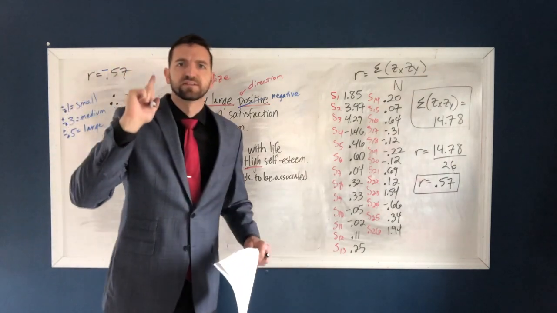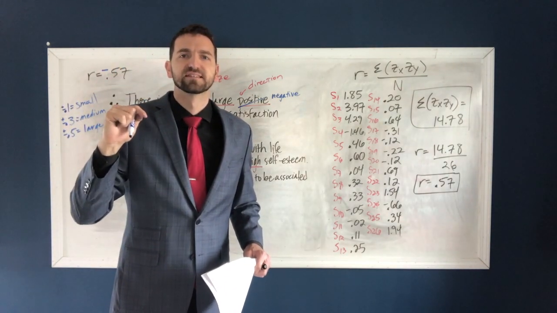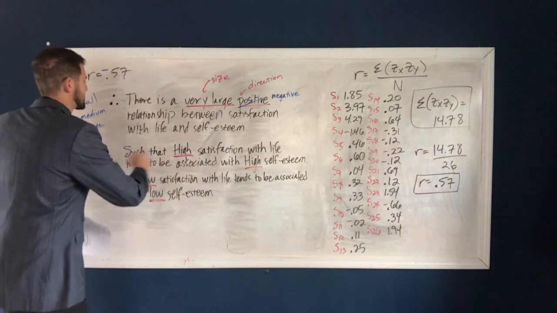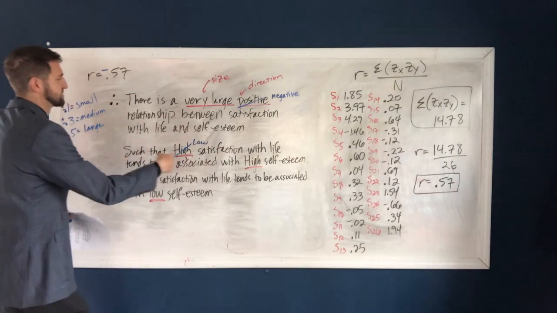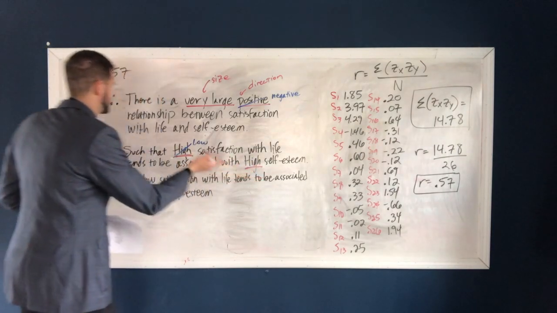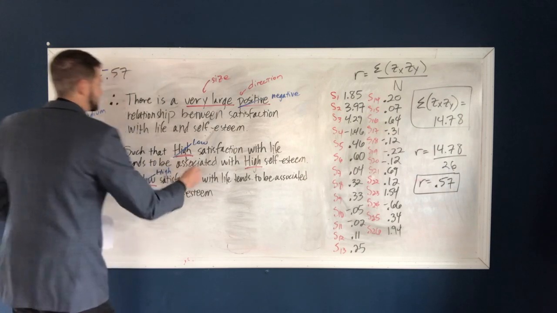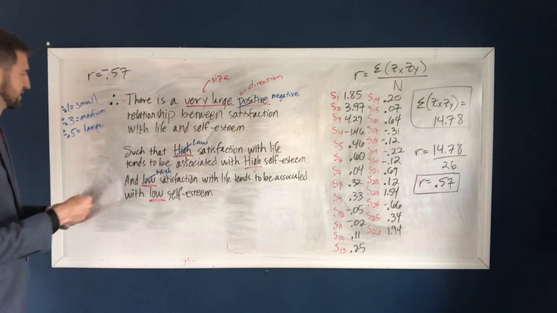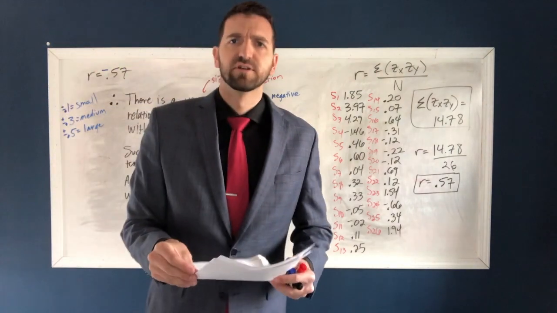Remember, as one goes up, the other one goes down. So we're going to have high and low instead of high and high. So such that low satisfaction with life tends to be associated with high self-esteem, and high satisfaction with life tends to be associated with low self-esteem. So that's all that would change there.